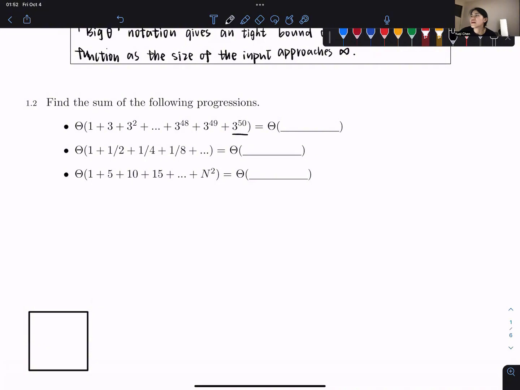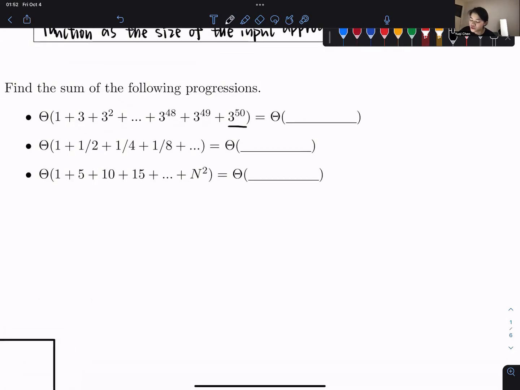In the grand scheme, if we have 3 to the power of n and n approaches infinity, it is much more considerable than 3 to the power of 50. So this value is just a constant relative to other functions or terms being considered.